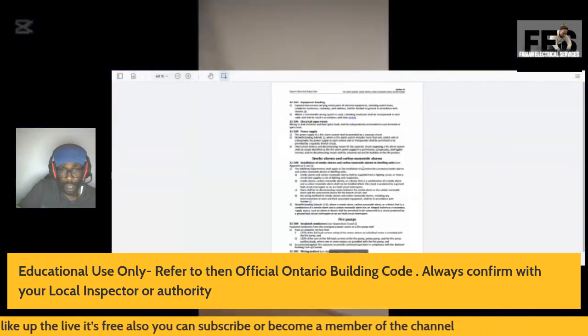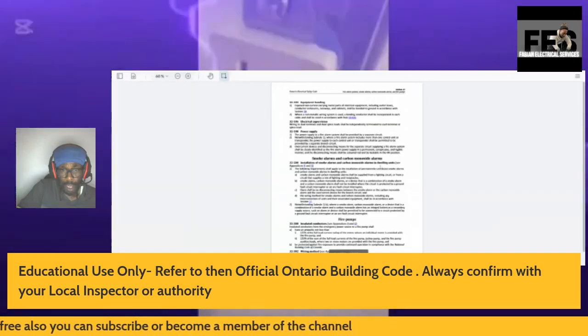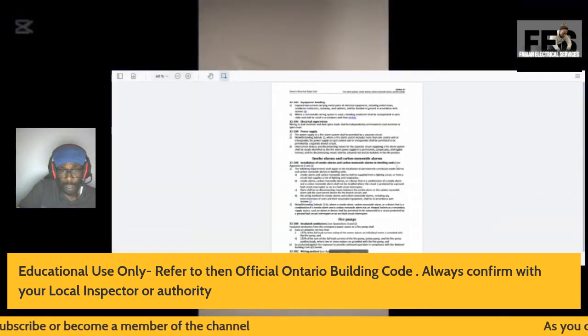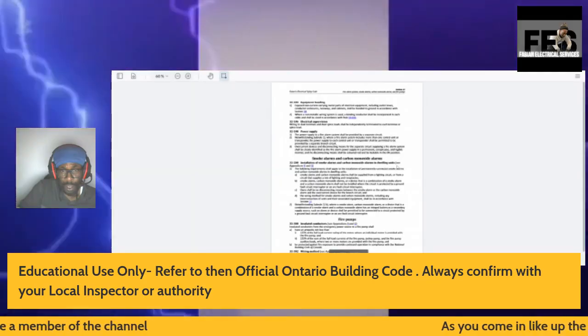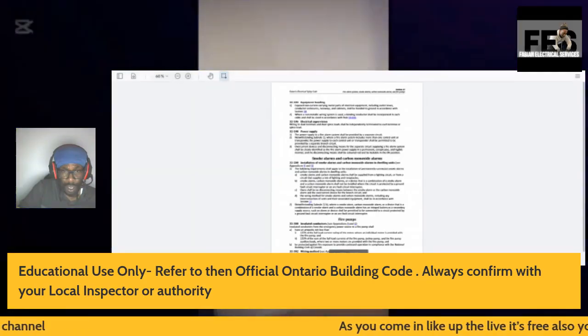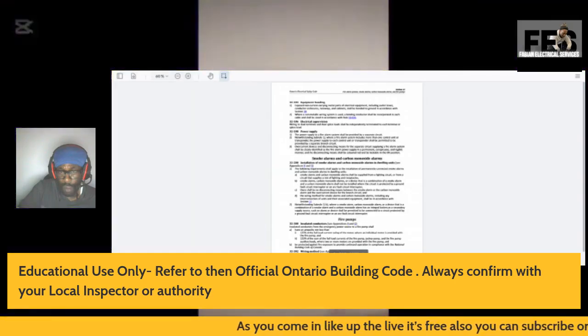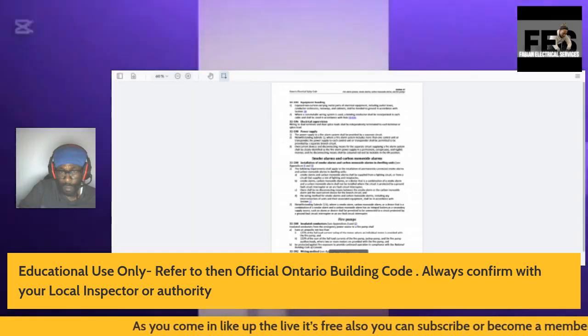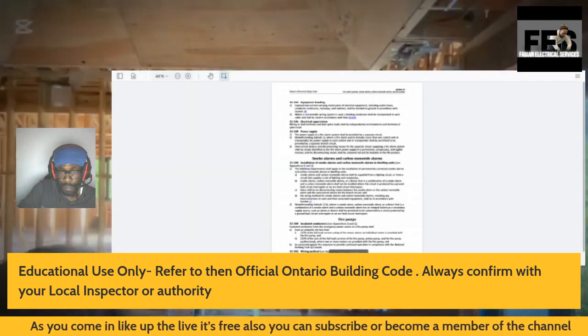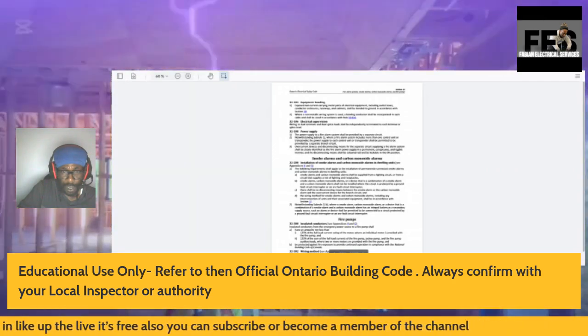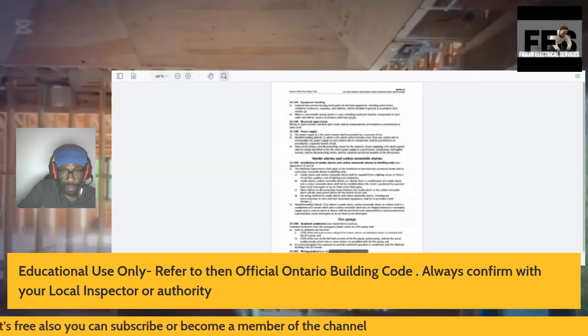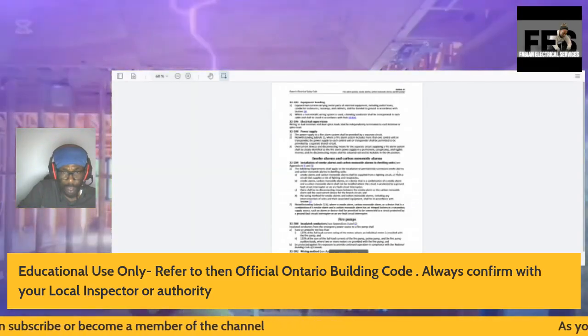So, installation of smoke alarms and carbon monoxide alarms in dwelling units. The following requirements shall apply to the installation of permanently connected lighting circuits.